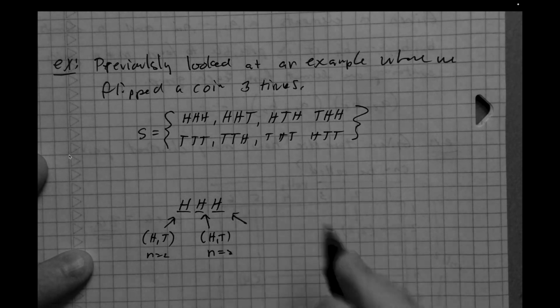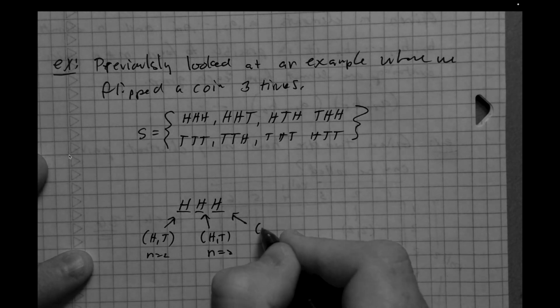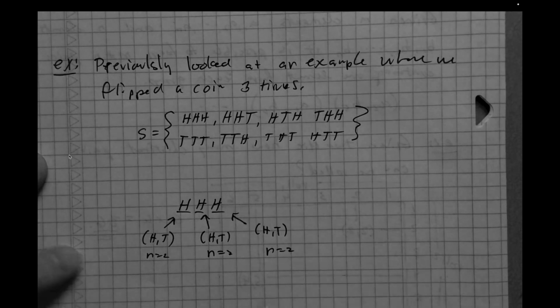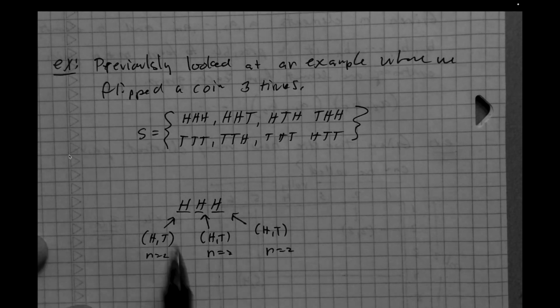And the same thing for this third spot. We selected it from H and T. It just so happens we selected H each time, but this is just an extension of the MN rule, right? So we can extend the MN rule to just be two groups, like M times N, or if it's 3, an M times N times P, whatever letters you want to use.